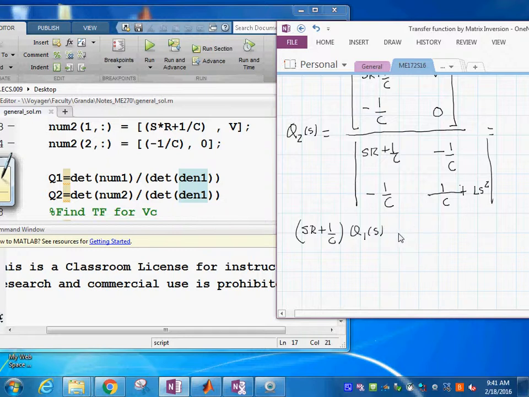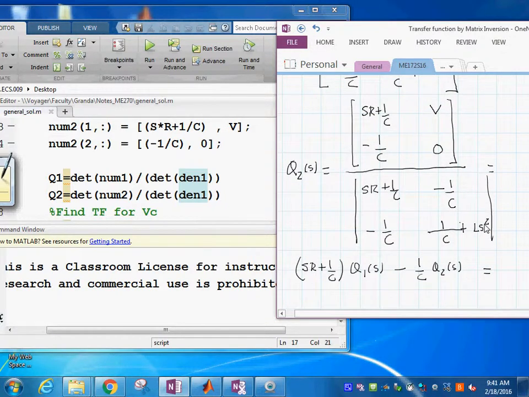And the second equation that you have is minus 1 over C times Q1 of S minus 1 over C plus LS squared, and then Q sub 2 equals 0.